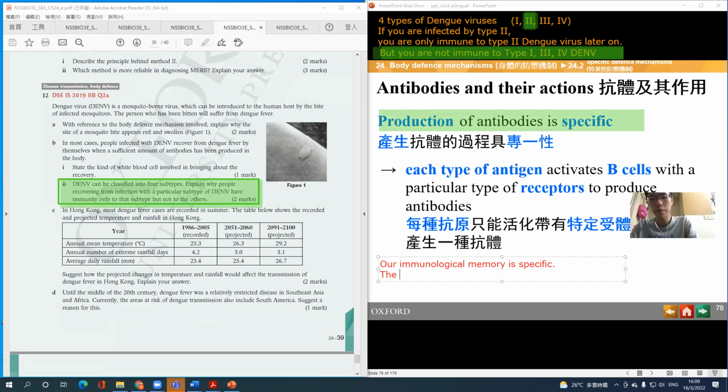The memory B cell can only recognize the type of antigens invaded last time.